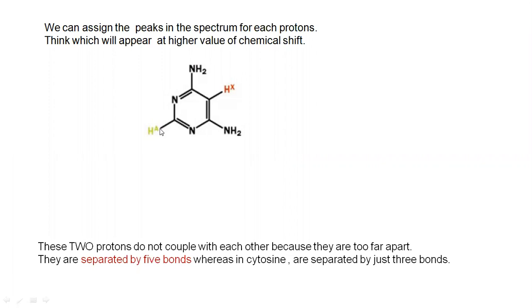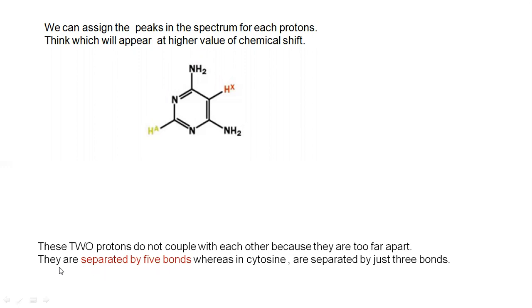Here, how many bonds distance? 1, 2, 3, 4, 5 bonds. And if you go to this side, 1, 2, 3, 4, 5 bonds. So we have a very clear-cut approach: a 5 bond distance never allows coupling between the nuclei.